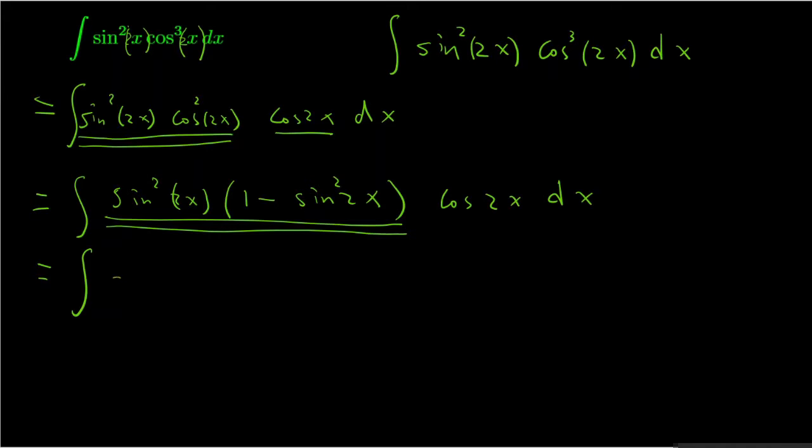I think you have sine of 2x squared minus, you multiply them out, sine of 2x, the whole thing to the power of 4. I believe you can follow me now. Essentially, you have a polynomial of sine of 2x. I just copied the other factor together with dx.